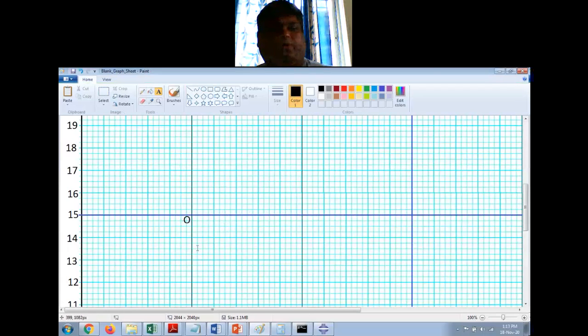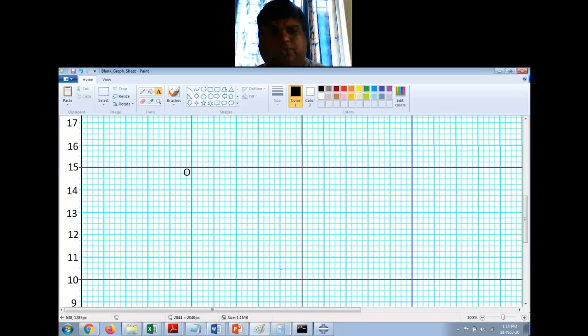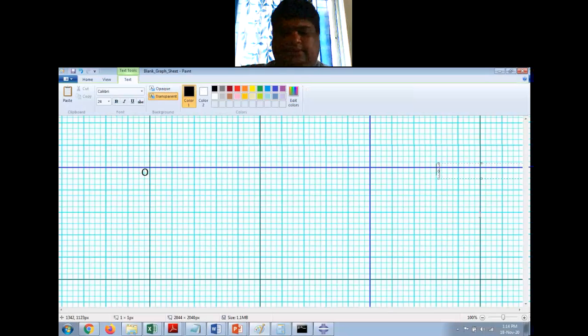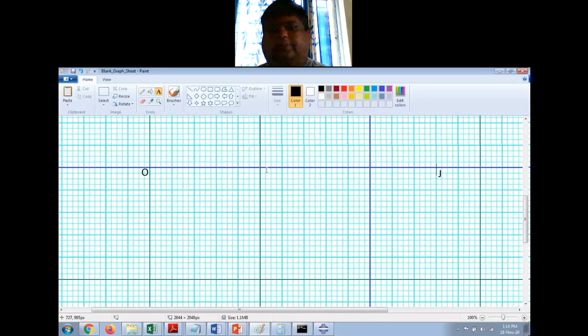Now from O, you have to measure 13 centimeters. So I just made these grids. So this is 5 centimeter plus 5 centimeter, 10, and 3 from here. So this is my 13 centimeter. So I'll just draw a small line there, right? This I'll call as point J. Now this is representing my sigma x.